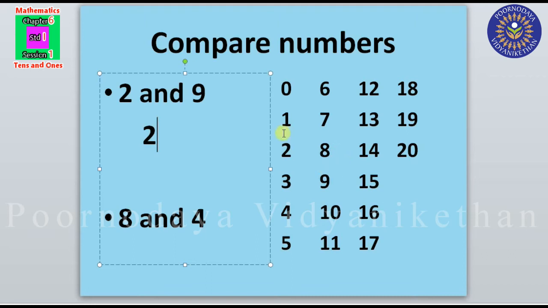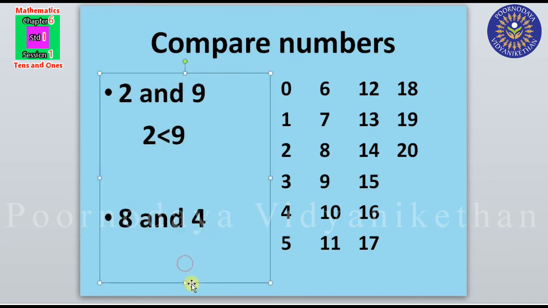So we can say 2 is closer to 0 and 9 is farther from 0. So what can we write here? 2 is less than 9. Clear?